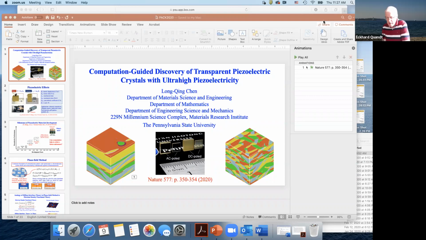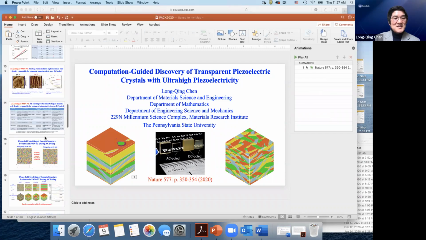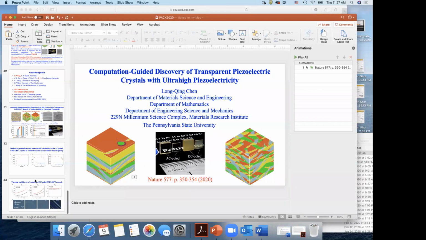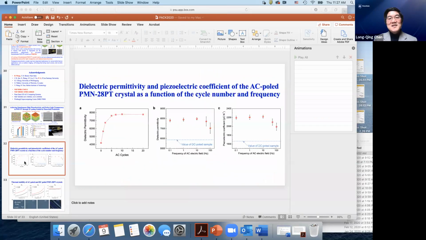So perhaps one, if you compare these DC and AC poled crystals, do you see a difference in hysteresis if you do the ferroelectric cycling? Oh, let me see if I have the figure showing.